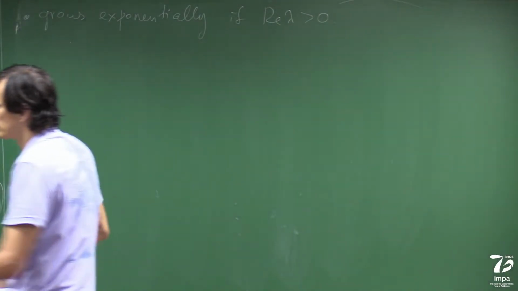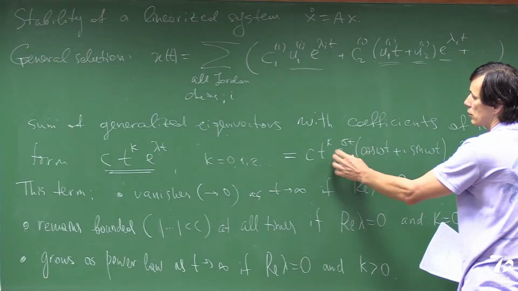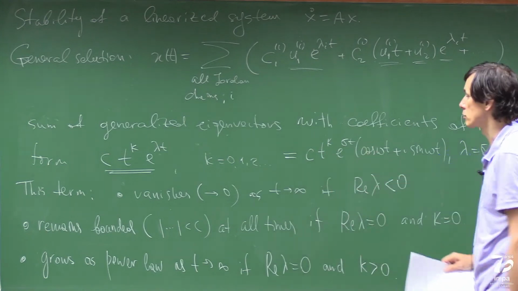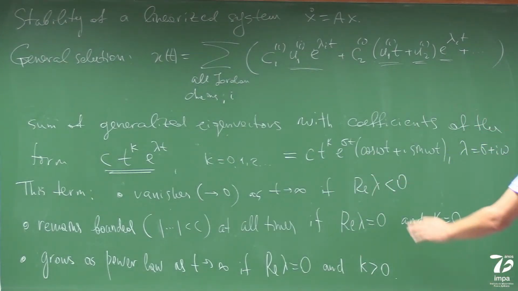It also has a prefactor which grows as a power law, but at large times the exponent is the most important term, giving the largest increase, and then there is a prefactor which may oscillate. Okay, so that's the situation.